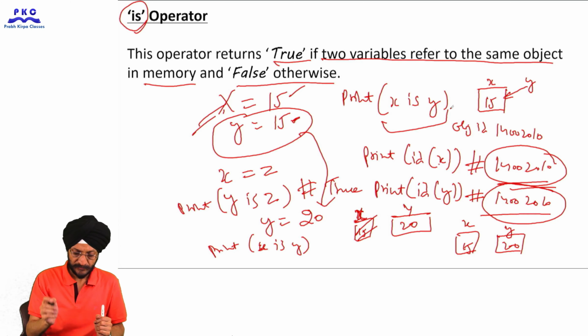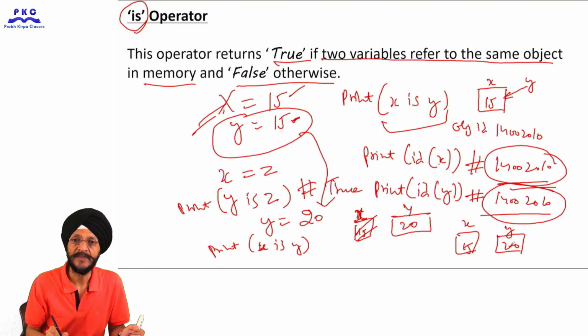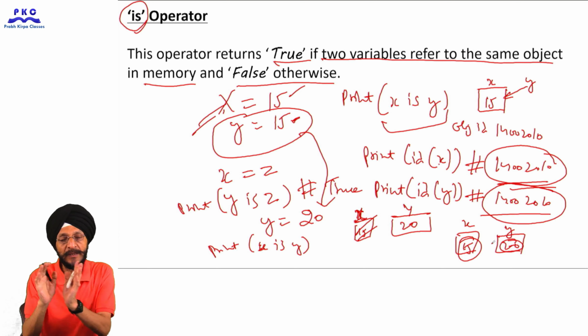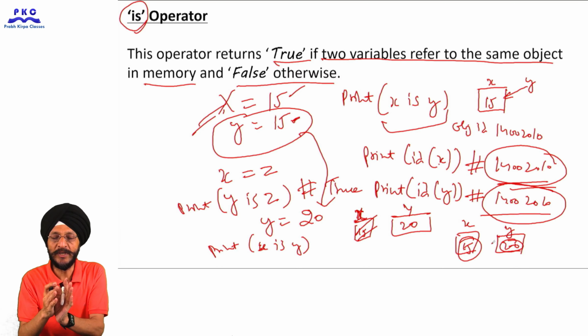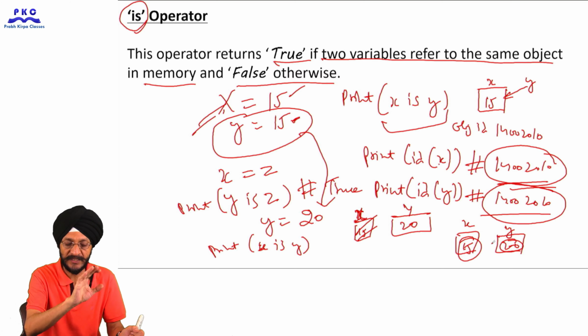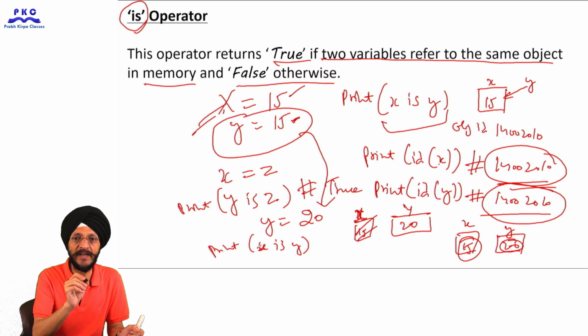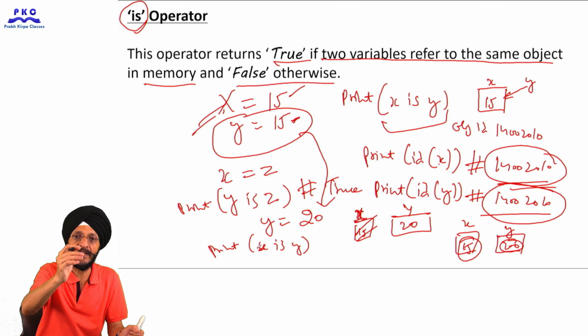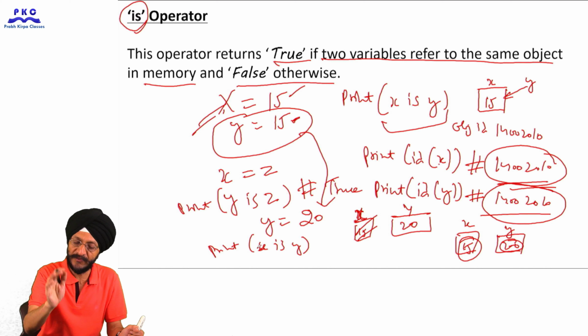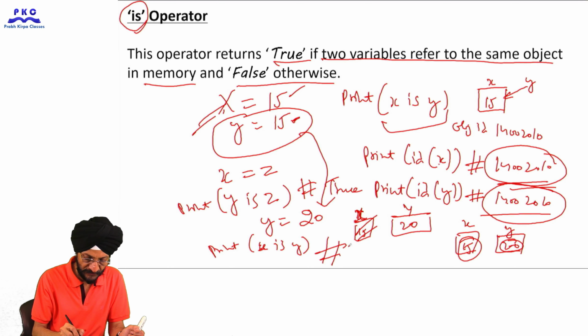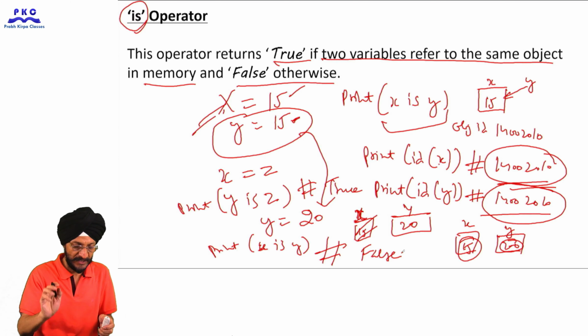But now x and y have different objects. The memory location of both the objects is different. So here when we use x is y, when the information contained in x and y is different, the output given will be false because the memory address will change.